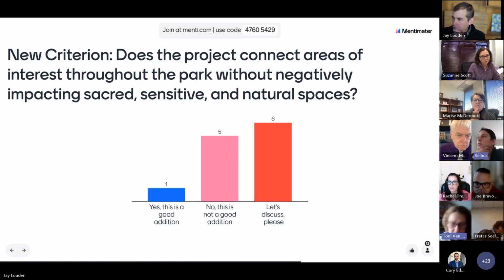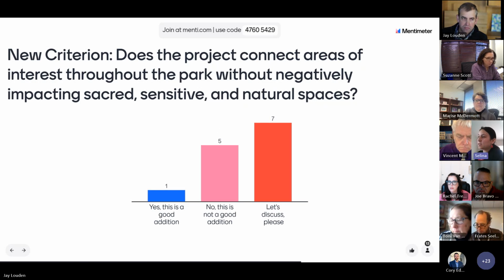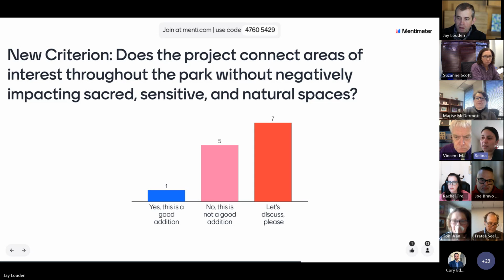So some people were concerned about keeping those sacred spaces where people are meditating or doing something sacred, and not impacting those with trails. They wanted them to be connected, but not where trails or connections went straight through those spaces. They still wanted them separated in a way. Right, Tony? That's what I was hearing.